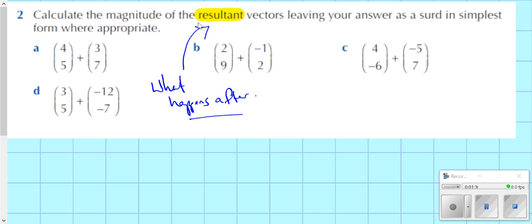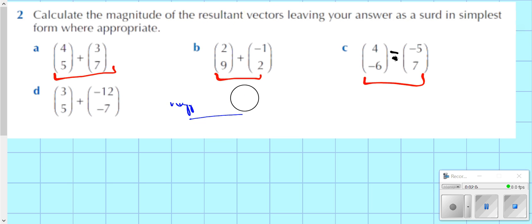So the resultant vector is what happens when you add those together. It might not be an add, sometimes it will be a minus, and the resultant vector is what happens after you subtract those. That's what the word resultant means, and it's one that we only really use in vectors, a vector terminology.